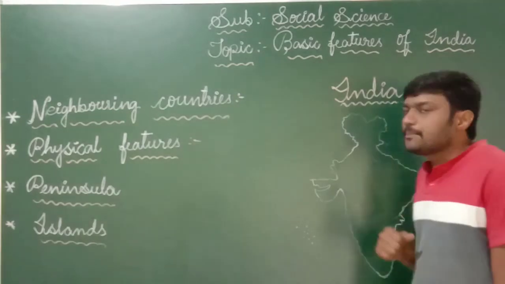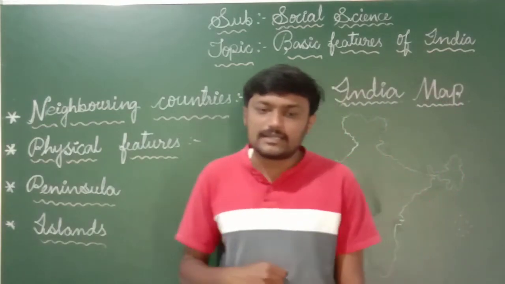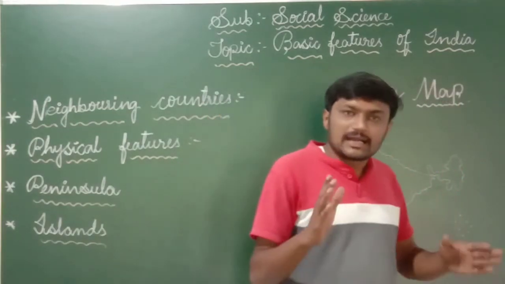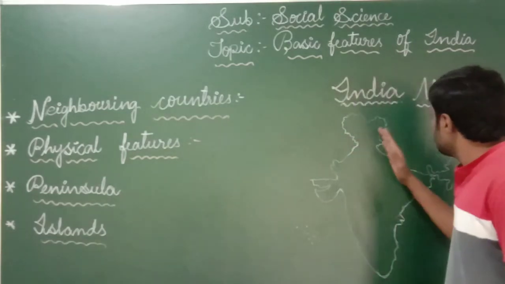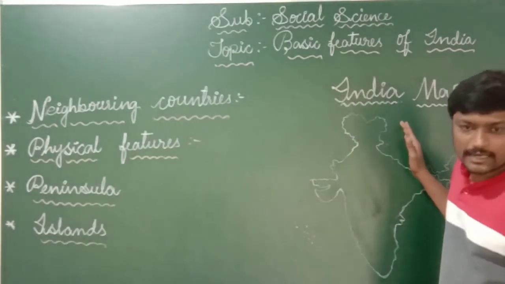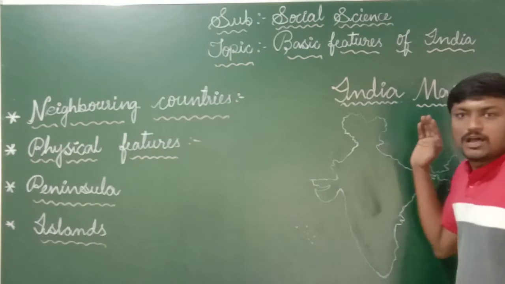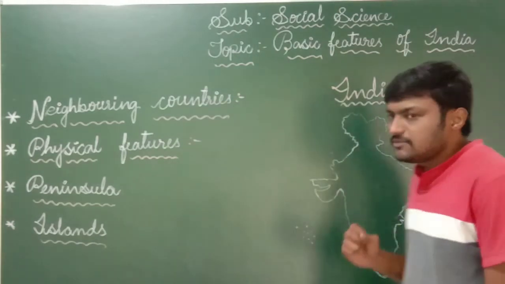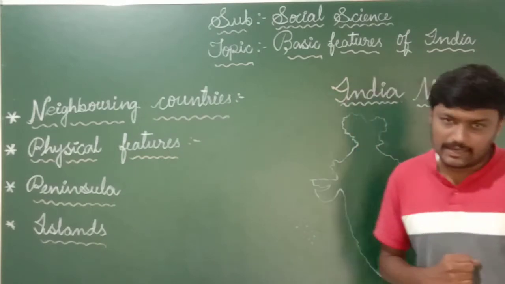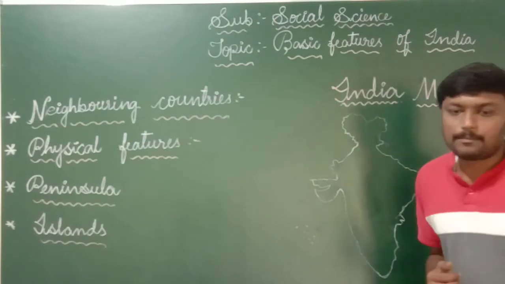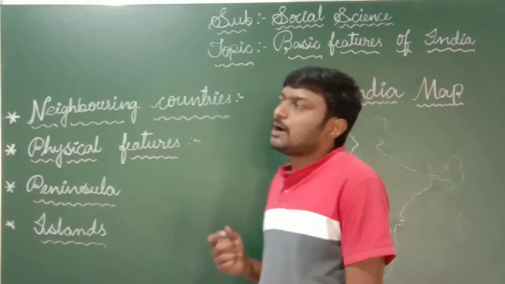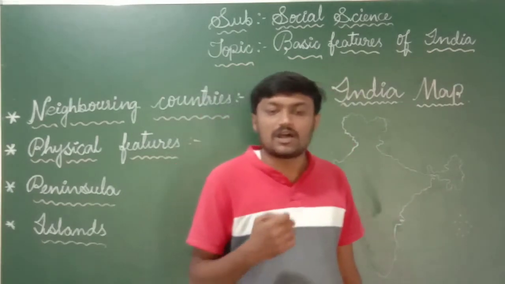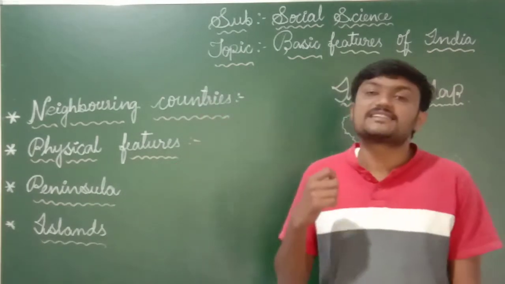See, which are the neighboring countries of our nation? The countries which are located beside our India, our country, are called neighboring countries. See, there are many neighboring countries of our India, like Nepal, Bhutan, Burma, Myanmar, Pakistan, Afghanistan, China, and Sri Lanka.